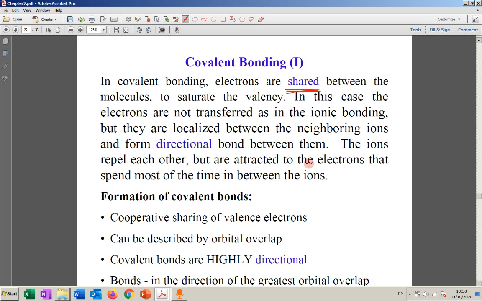Maybe you can be partners with 3 more, not just one person, sharing with them some money and being partners with all of them. This is how covalent bonding works, and we call them directional. Why directional? Because it is just for that part you are sharing.